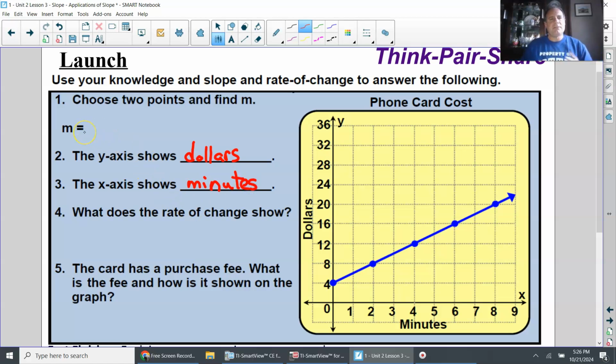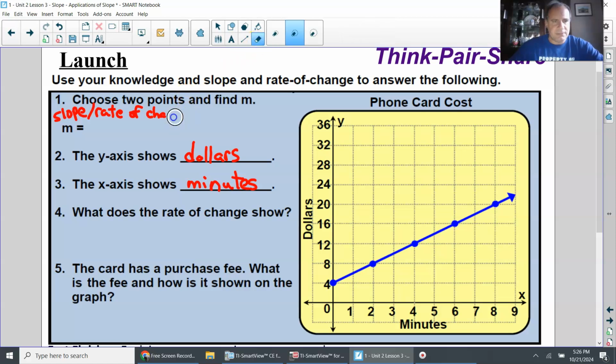So we're going to talk about finding the m, the rate of change, right? The slope. So this is called slope, and it's also called rate of change. Whenever you hear those words, rate of change, I want you to think about slope. Okay. So we're just going to do the rise over run like we normally would do.